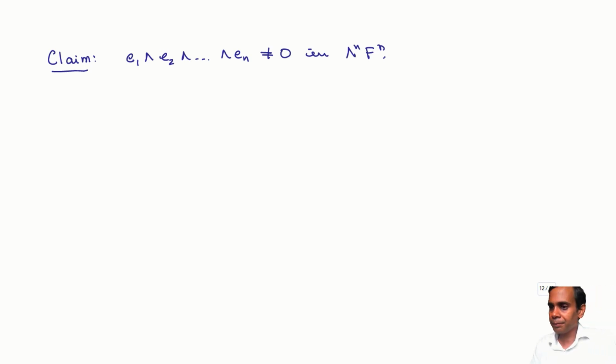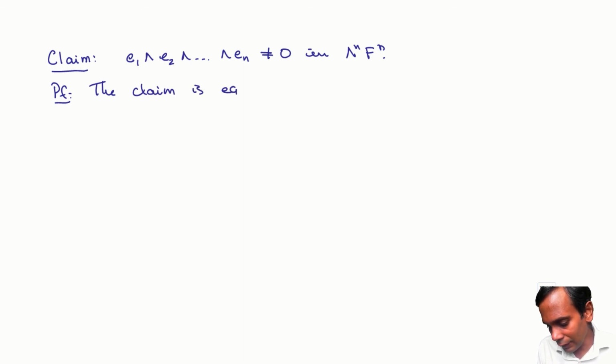So how do you prove this? This is a very interesting proof. It actually uses the notion of determinant. This claim is equivalent to saying that wedge n F^n is not a zero-dimensional vector space.